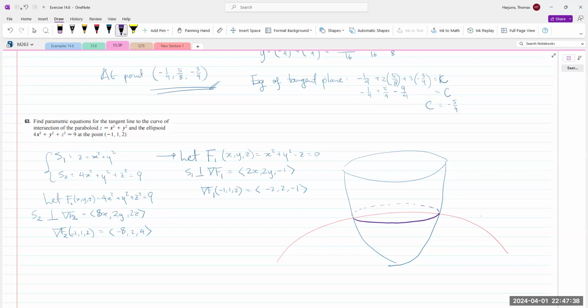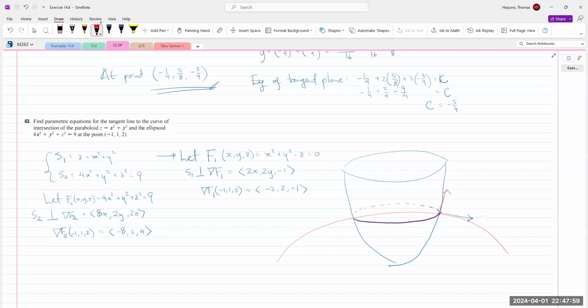Okay, now notice that for the paraboloid, the normal vector at this point, for example, is this, right? And the vector normal to S2 is this one.